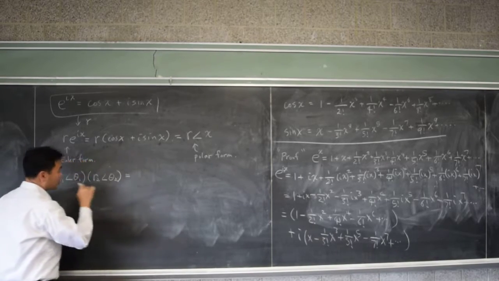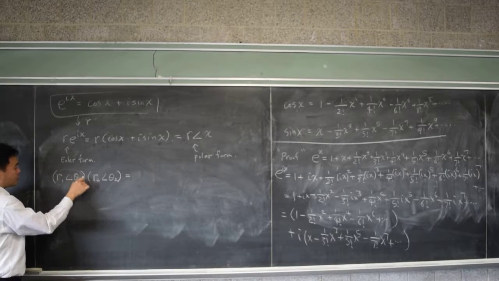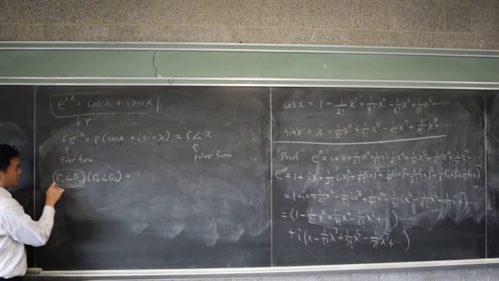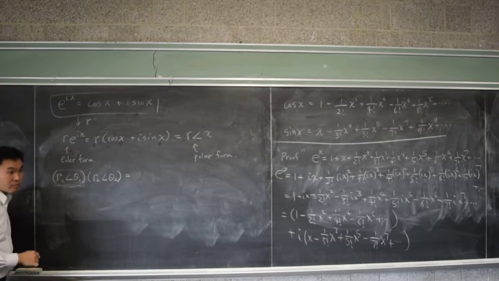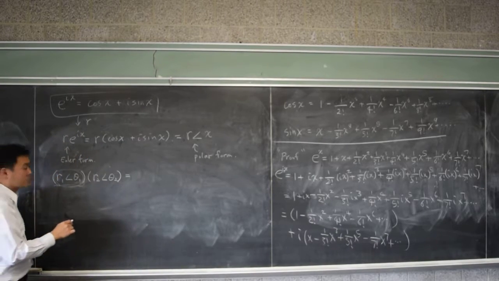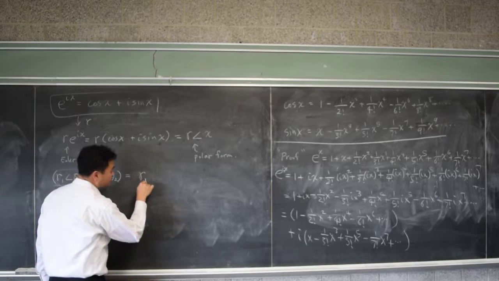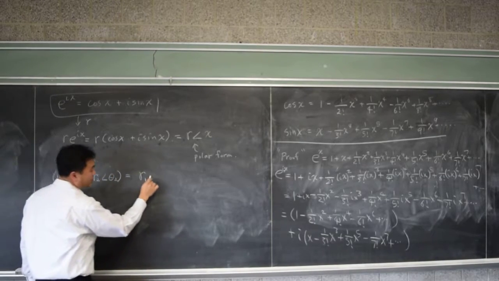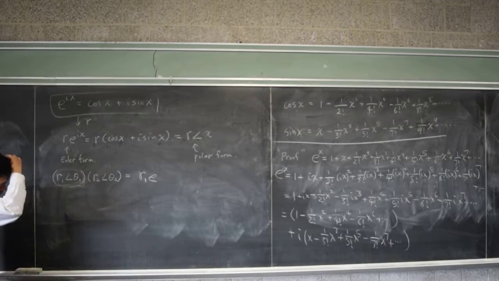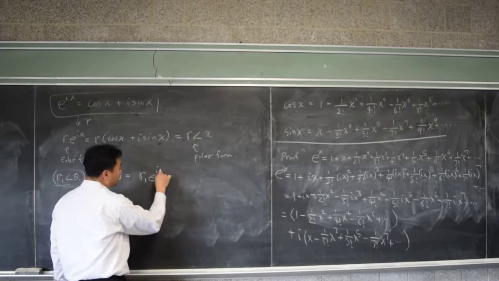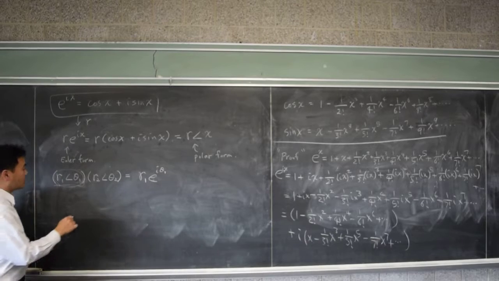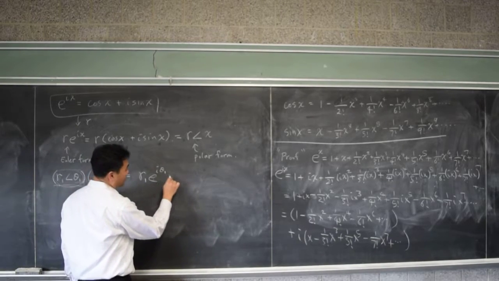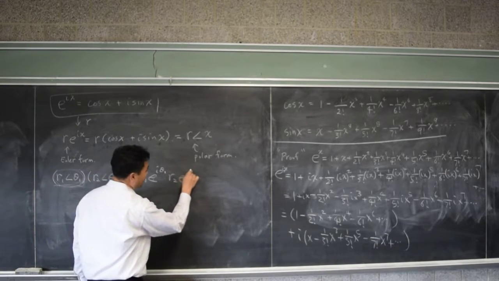No. This only. How do you write this only in this form? R1 e to the what? i theta 1, right? Okay. And then we can rewrite this as R2 e to the i theta 2.